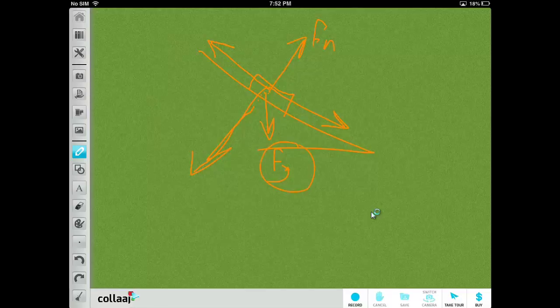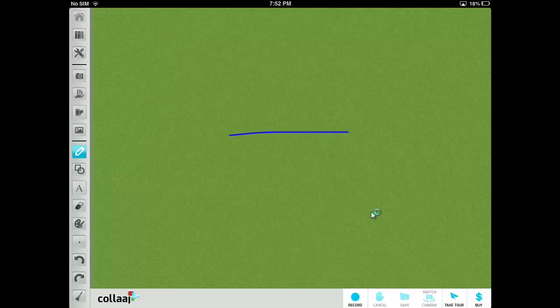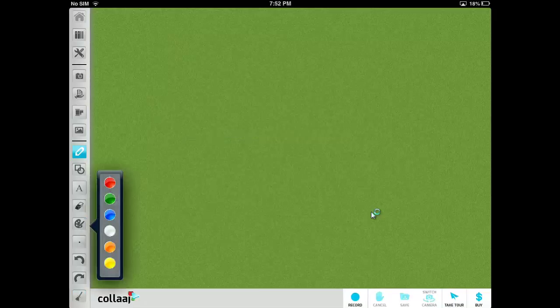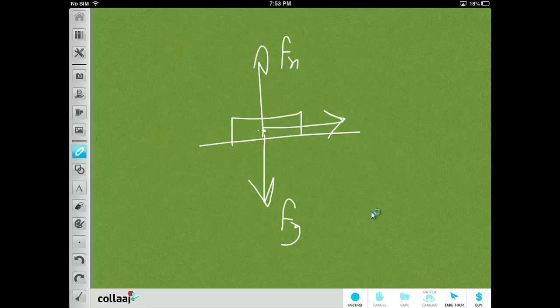So let's start with the first case. Suppose that you have a car, a horizontal car, that moves horizontally. Let's change the color to white. The car has Fg downward, Fn upward, the applied force here, F applied, and F friction here.